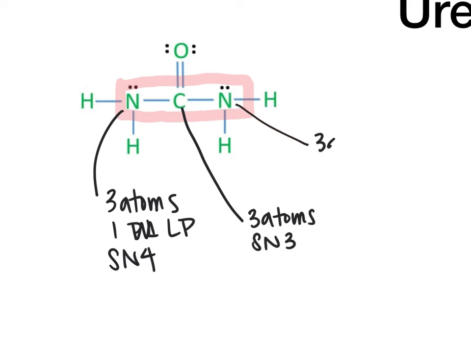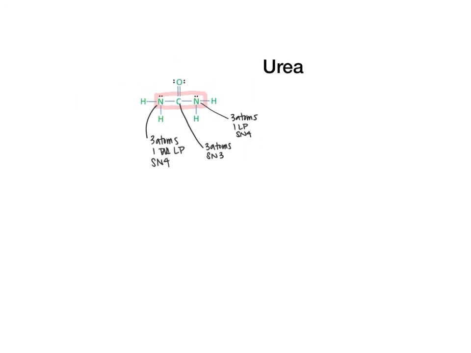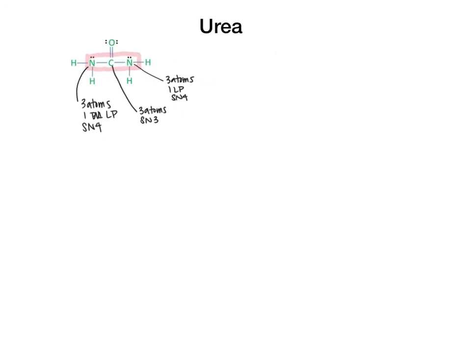We have 3 atoms, 1 lone pair, steric number of 4. So we can draw this molecule starting with one of the nitrogens. I prefer to start on the left. You don't have to. We know that our structure is going to look something like this with these 109.5 angles. So I tend to like to draw my backbone in first.